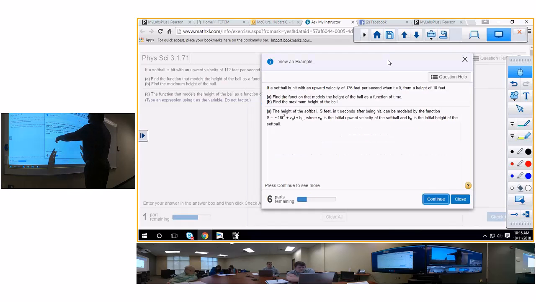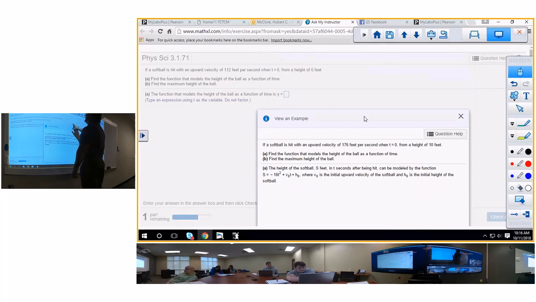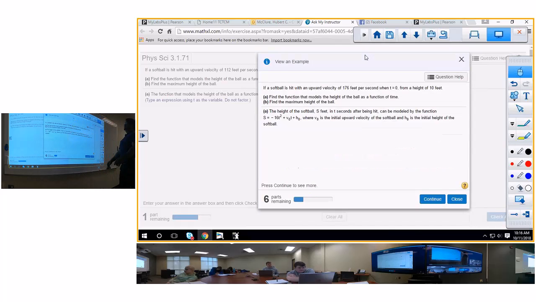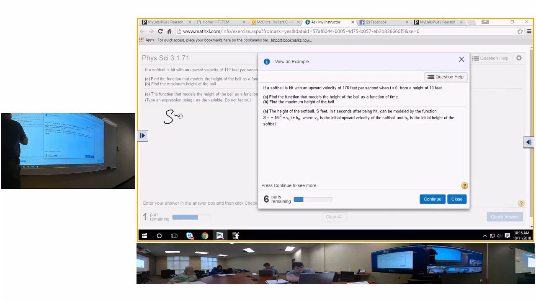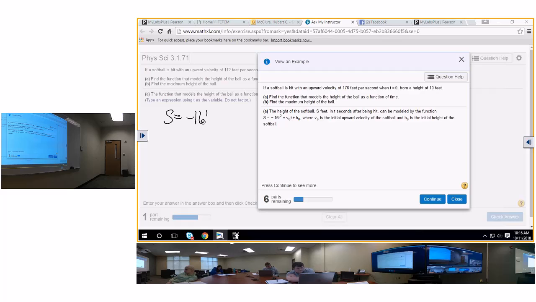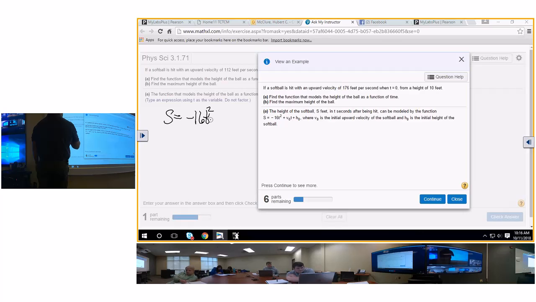So that's going to be negative 16t squared plus 112t plus 6. So we're going to go S is equal to negative 16t squared plus 112t plus 6.